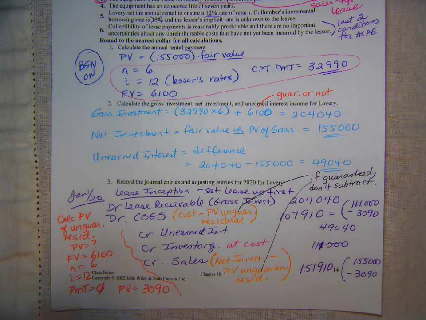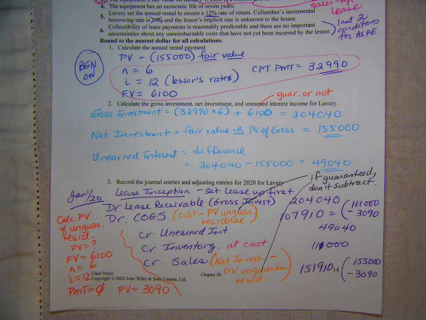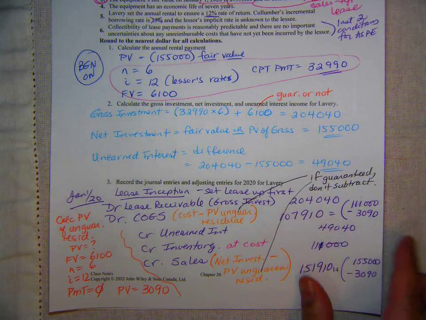If it was guaranteed, don't subtract. So that's the chart about the sales type lease. You just kind of have to remember all the pieces. Now, luckily, you've got an open book exam. You'll have everything in front of you. But don't count on that for the CPA. Okay, let's go to page 15 and finish off the entries, and we can finish this chapter.